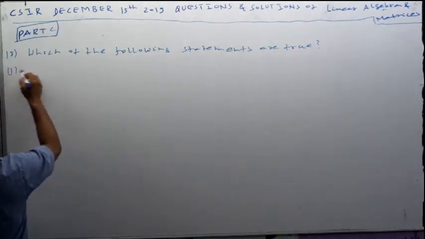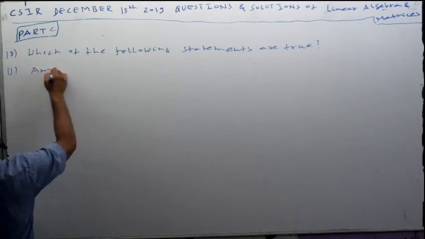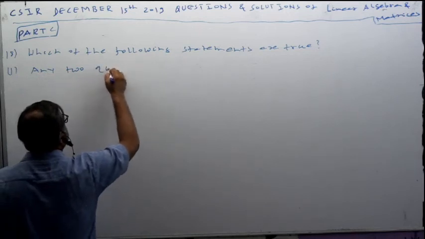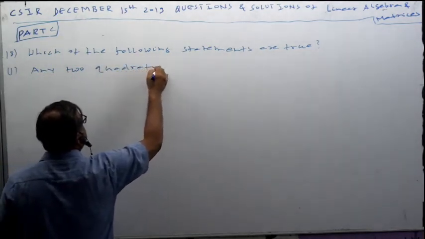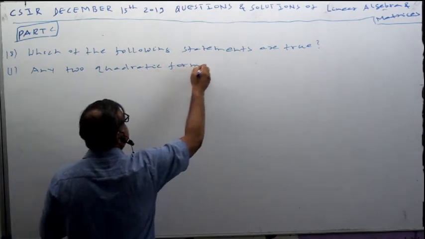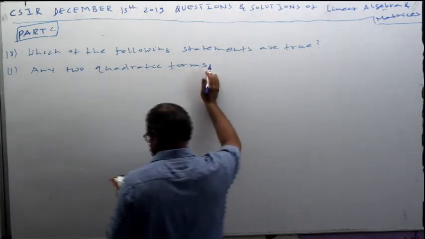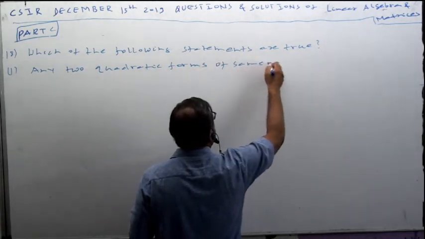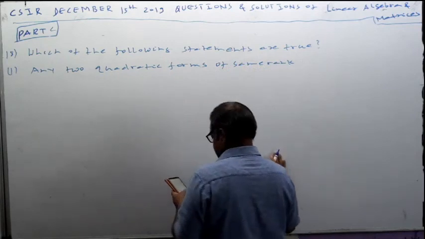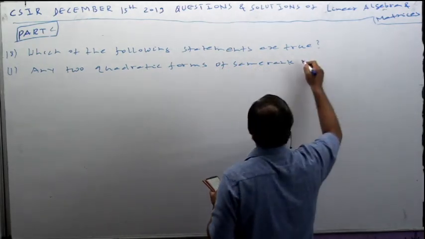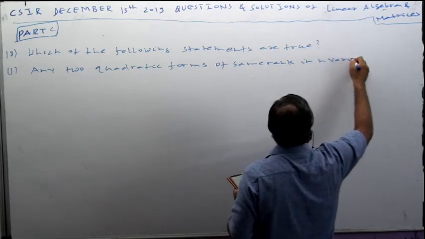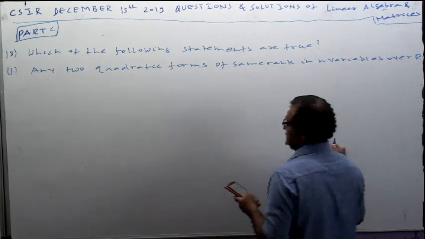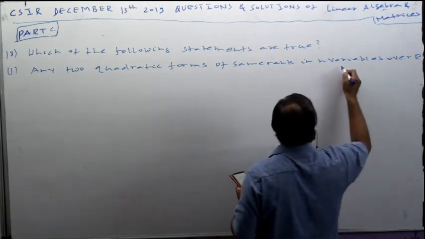Number one, any two quadratic forms of same rank in n variables over R are isomorphic.